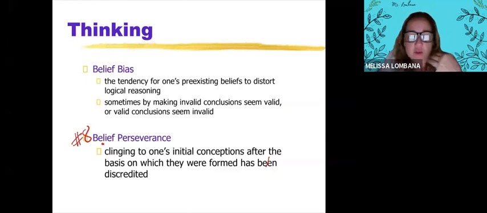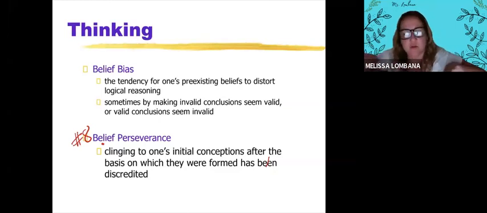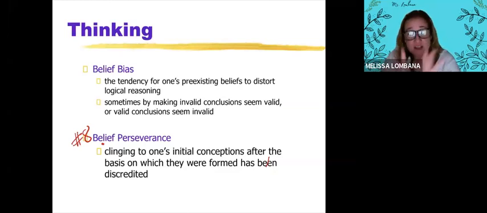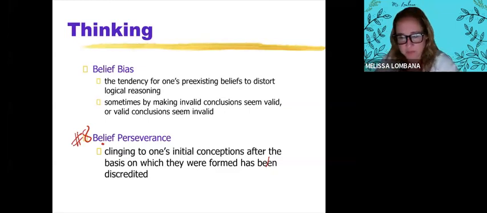Okay. So not so much like confirmation bias, right? Confirmation bias is that you're only looking at things that confirm and then ignoring everything else. This one is that you're going to stick to it no matter what, even if there's literally new information that proves you wrong, right?